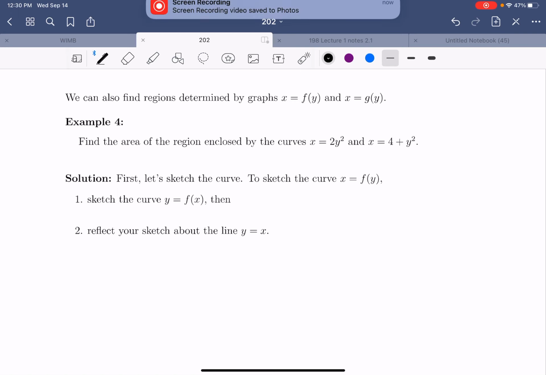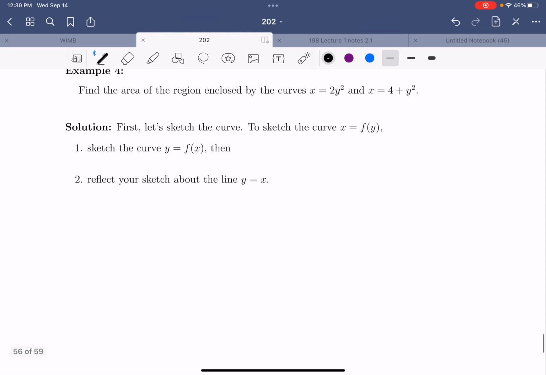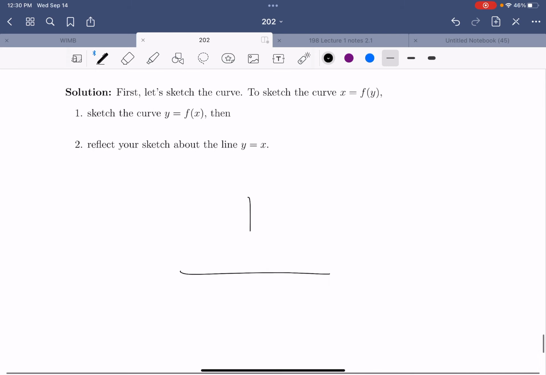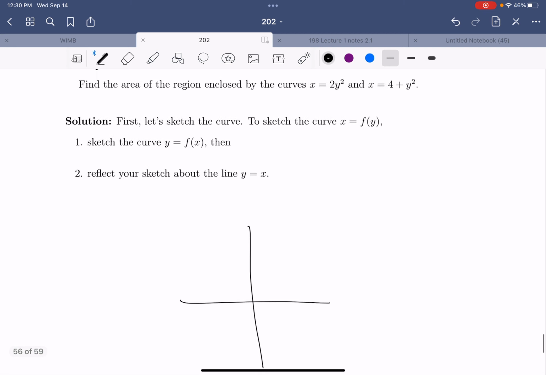So first, let's sketch the curve. To sketch the curve x equals f of y, first we sketch the curve y equals f of x, and then you reflect your sketch about the line y equals x. So essentially, you flip your x's and y's. So really, you can think about turning your paper and sketching it. If x equals 2y squared, then I'm thinking about drawing y equals 2x squared, but sideways, if you will.